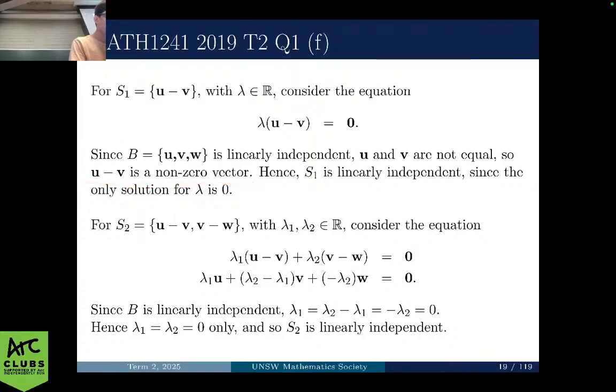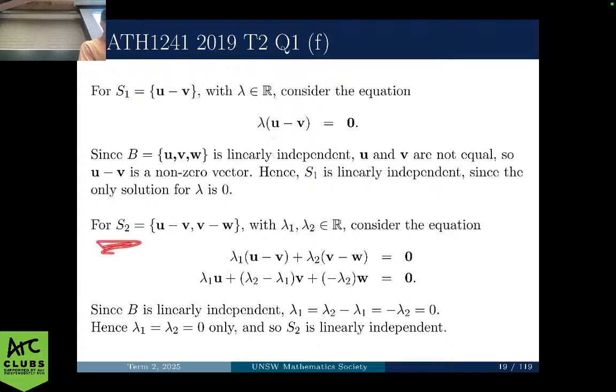The reason that's important is because for this equation to be true, either this could be 0, in which case it doesn't matter what lambda takes, or this is 0. But because we know that u minus v is non-zero, because they are not equal, since the set is linearly independent, then S1 is linearly independent. The only way this works is if lambda equals 0, because this is a non-zero vector.